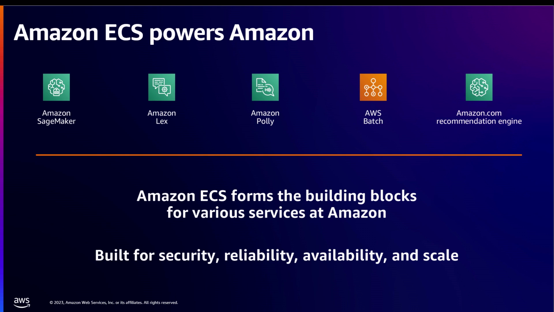A lot of the services that you might recognize on the screen, SageMaker, Lex, Polly, AWS Batch, are utilizing ECS underneath the hood to build the service they provide to you, for the same reasons as I said before: the simplicity, the reliability, and the security of ECS. So I'm going to hand it over to Malcolm, and he's going to go into more about the architectural resiliency and availability.